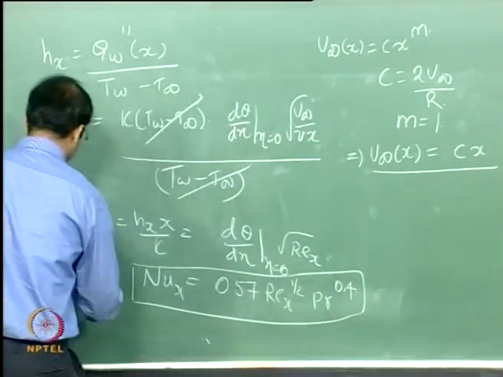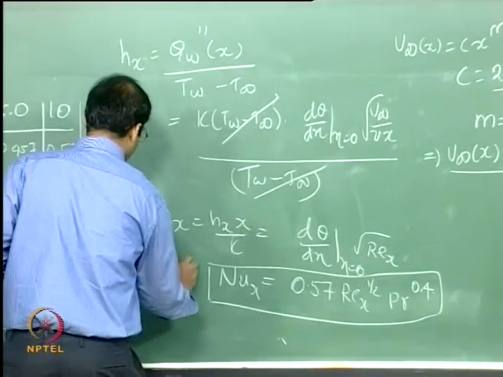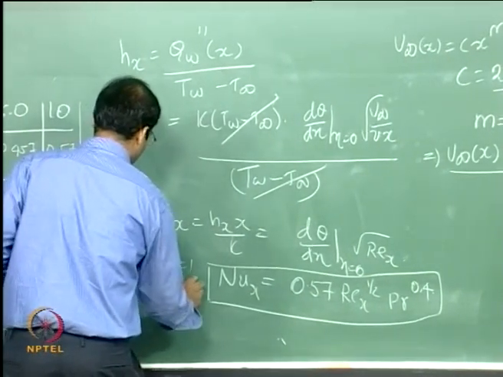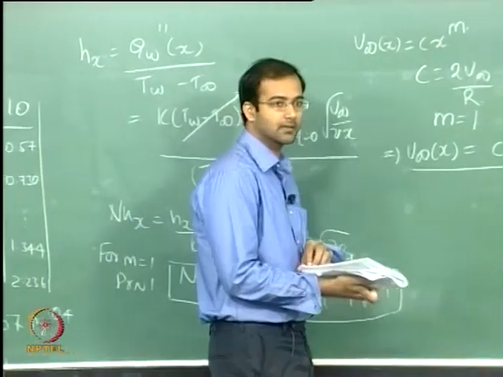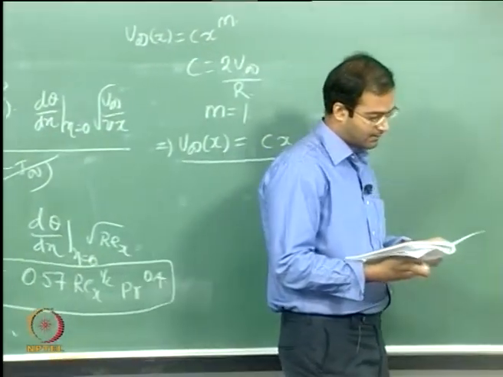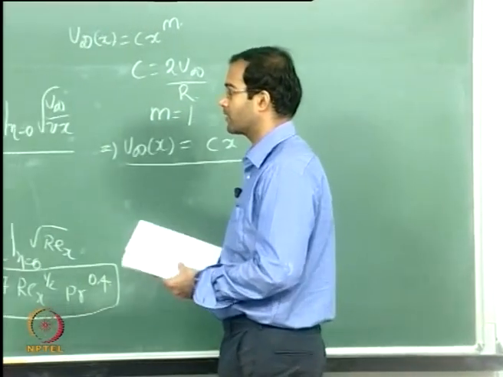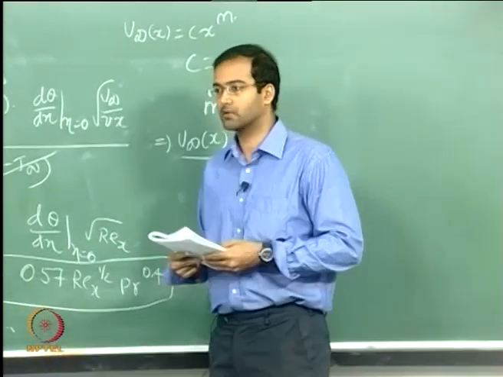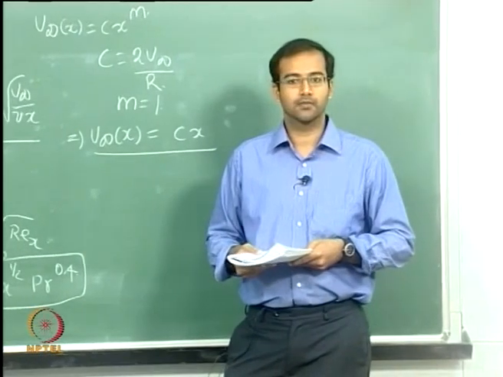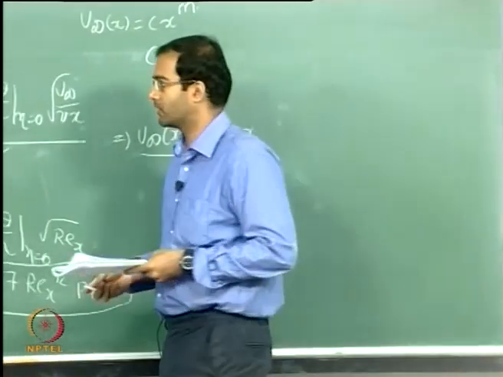So this is the case for m equal to 1, Prandtl number close to 1. This is the local variation that you find for the stagnation point flow case. Of course, you know the variation with respect to Prandtl number for m equal to 0.